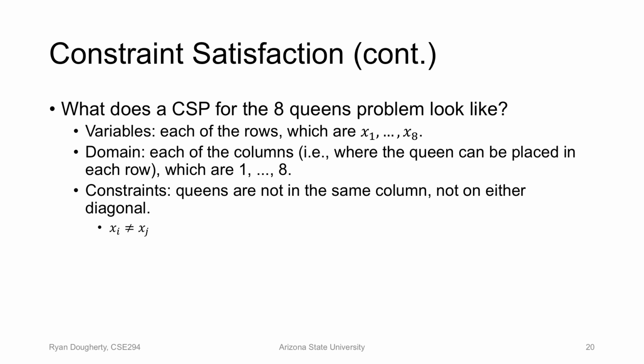And we can't have queens on the same diagonal, whether it be the main diagonal or one of the smaller diagonals in either way. So the way to formalize this is that the difference between xi and xj cannot be i minus j. So what this means is, let's just say that we placed a queen at the top left corner and another queen in the bottom left corner.